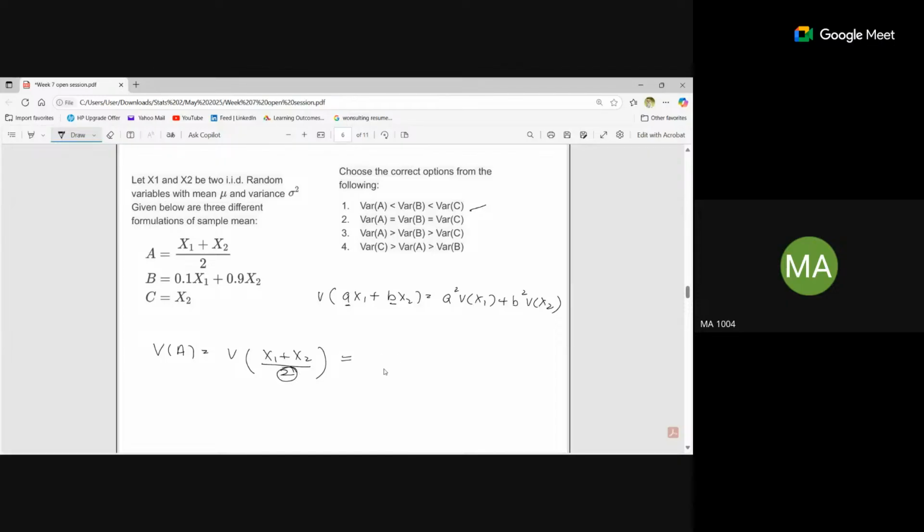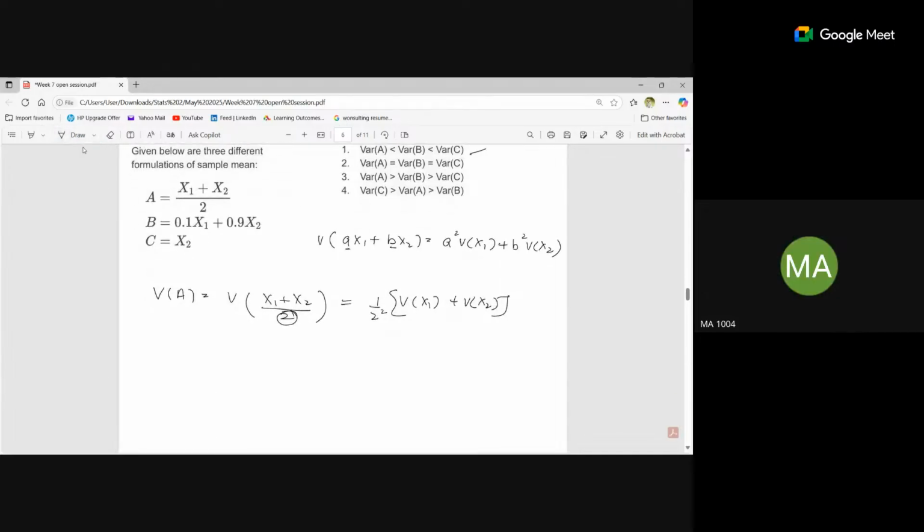So this will be 1 by 2 square times variance of x1 plus variance of x2, correct? Both are the same, so twice sigma square, which gives sigma square by 2.